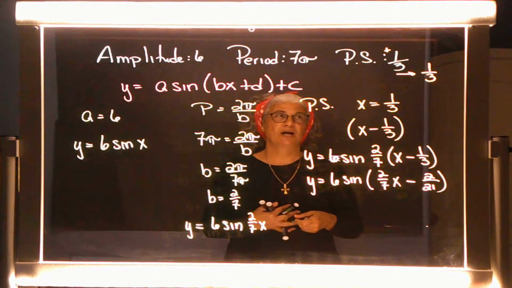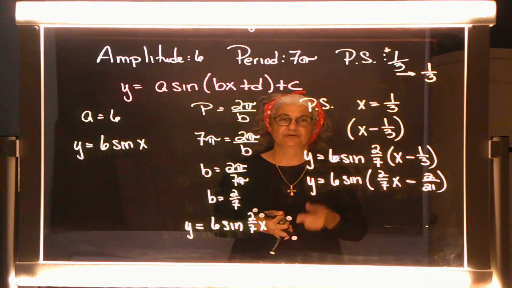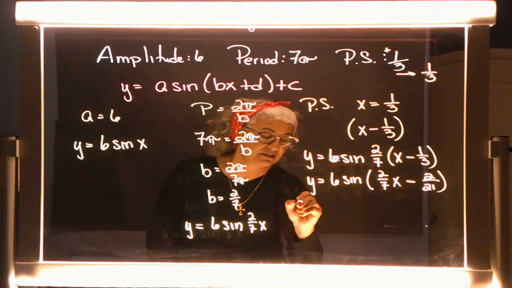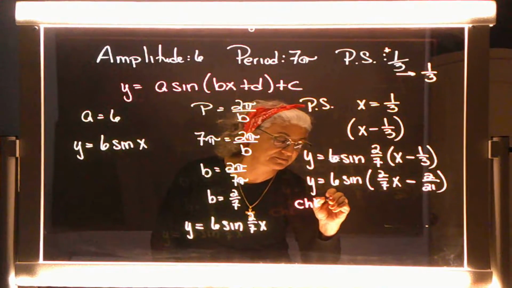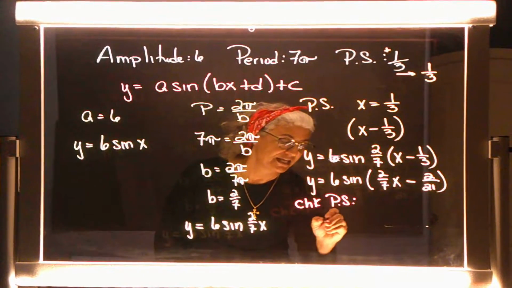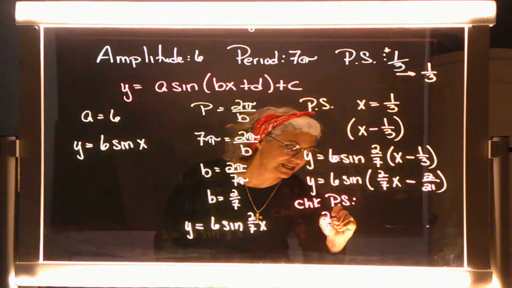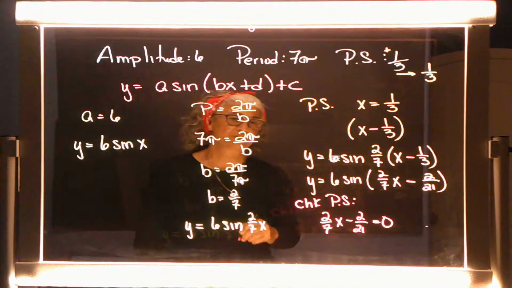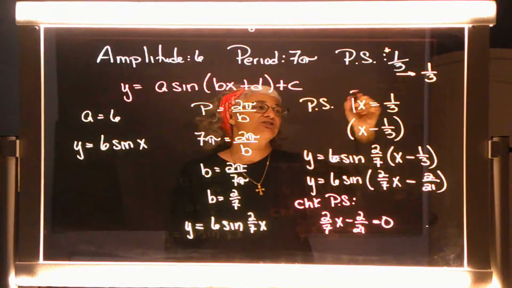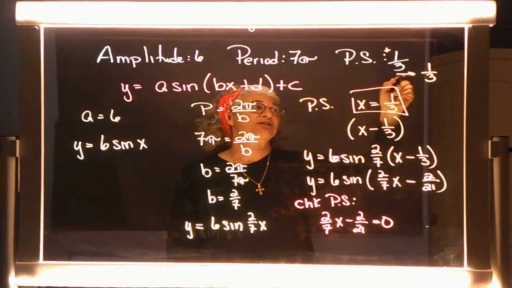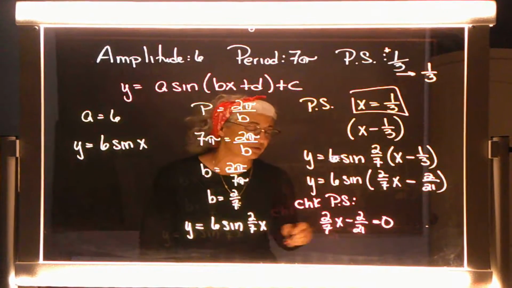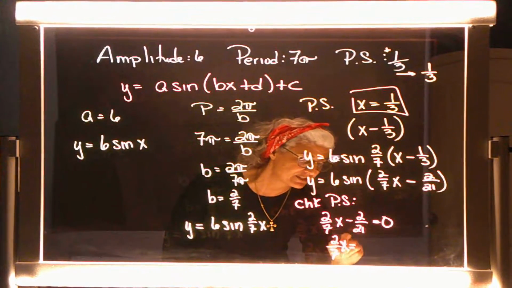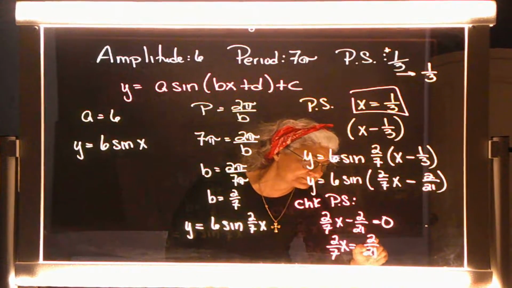And you're like, okay, well, how do you see a phase shift of 1/3? So remember, here is your check on the phase shift. If I take the 2/7 x minus 2/21 and I set it equal to 0, I better get my phase shift of 1/3. I better get a shift to the right of 1/3. So we would move over that 2/21, right?